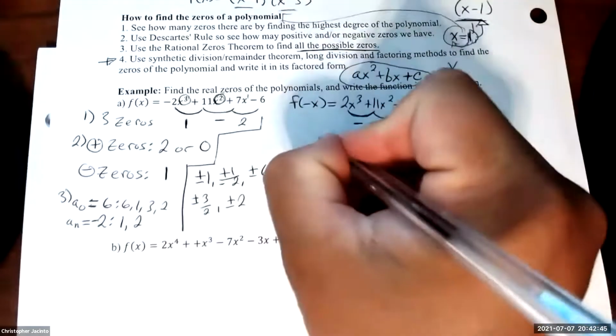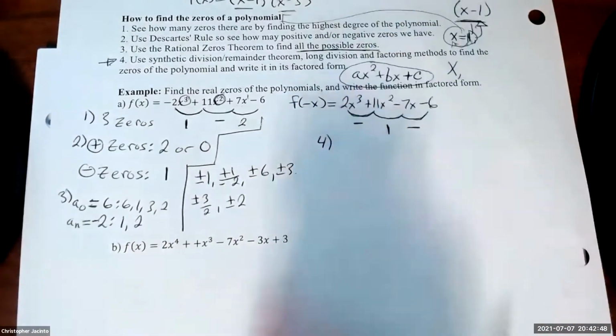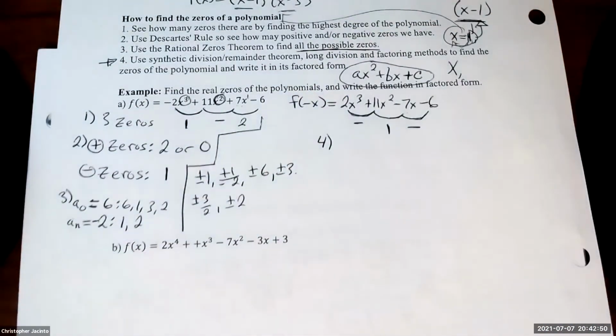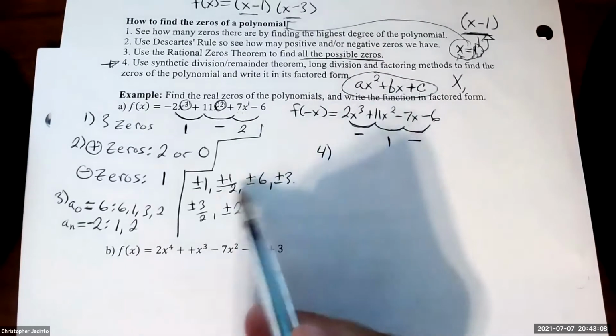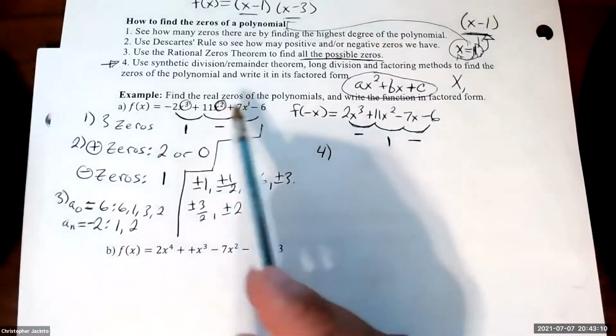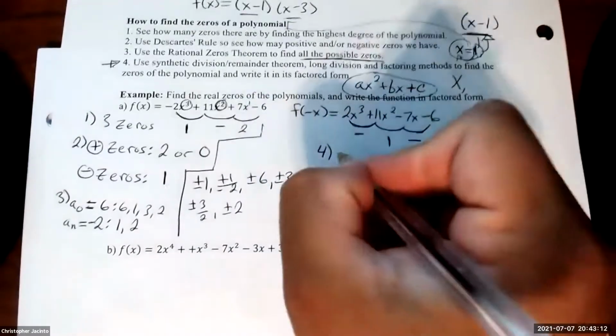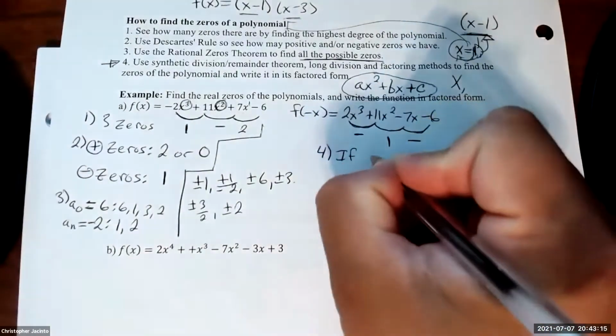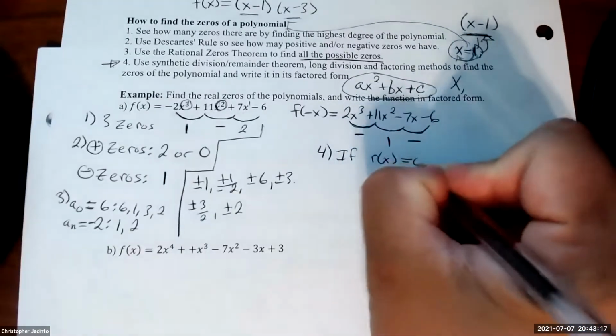Now step 4 is what takes the longest to do. When we say we're using synthetic division and the remainder theorem, we're actually going to be using the remainder theorem a little bit more than synthetic division. If you forgot what the remainder theorem says, the only way we know that one of these is an actual zero of the polynomial is if the remainder equals 0.